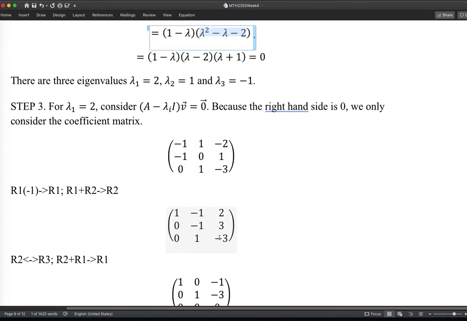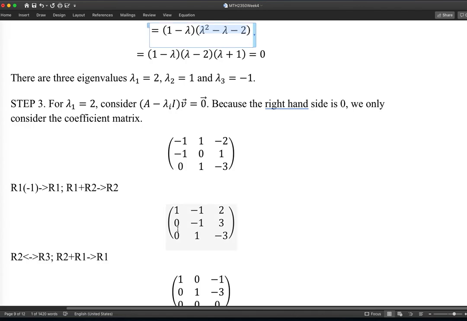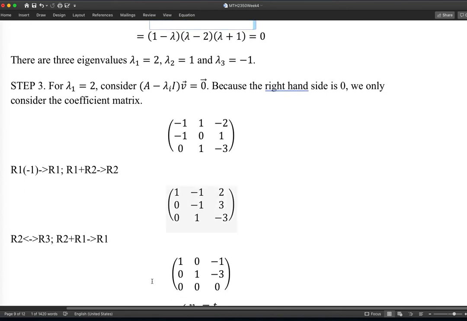And then I hope it's quick to realize row 2 and row 3 are equivalent, right? So row 2 and row 3 are equivalent. And to reduce some operations, I just interchanged row 2 and row 3. So this one is a pivot. And row 3 really can be eliminated as a 0 row.